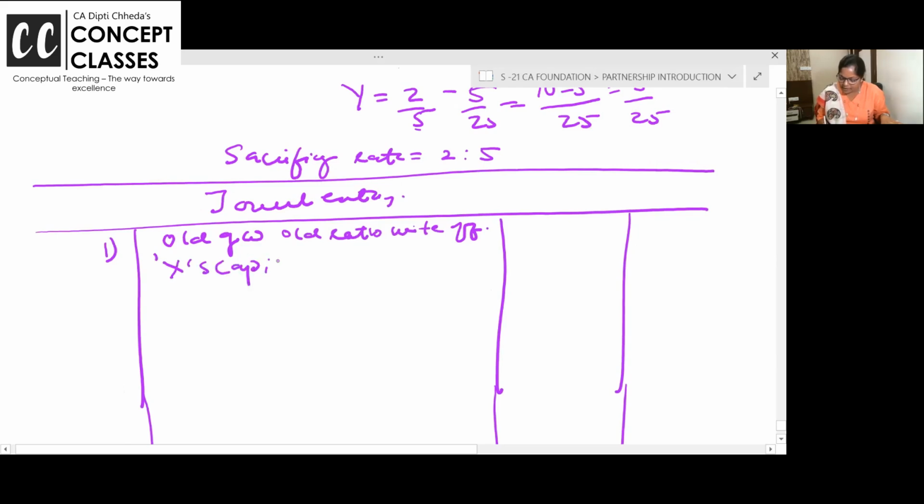X capital account debit. Y's capital account debit to goodwill.